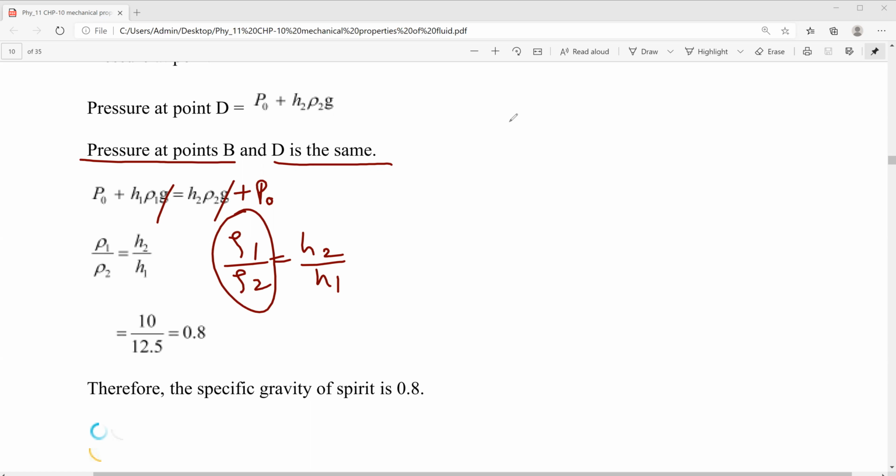H2 they have given is 10, and H1 is 12.5.